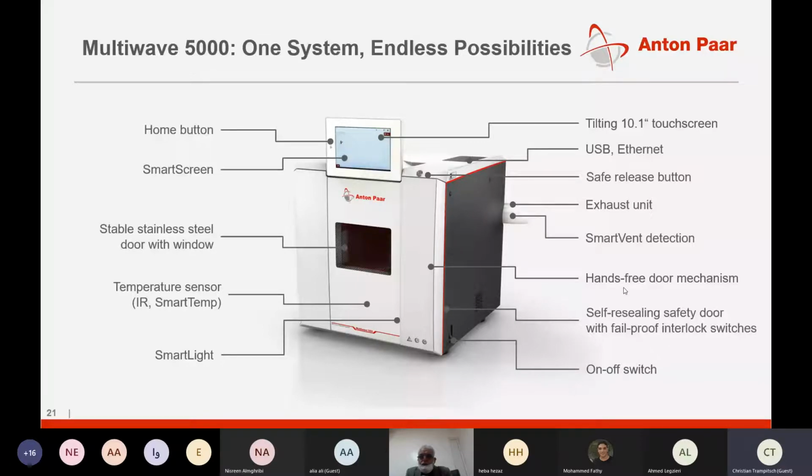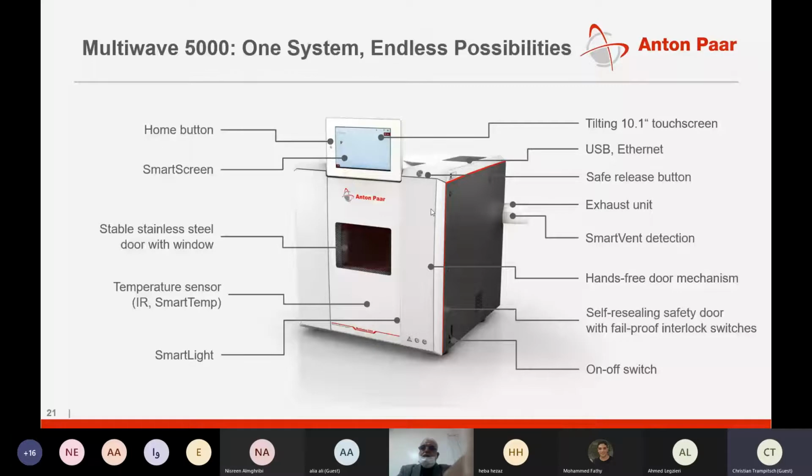The door itself is made of stainless steel, so it's really stable in case something happens inside the microwave. This is not an issue anymore with the smart vent vessels, but it was in past days when we had the completely closed vessels. There was always an issue with that, let's say a vessel could break and you have a kind of vessel breakage inside the oven during a run.